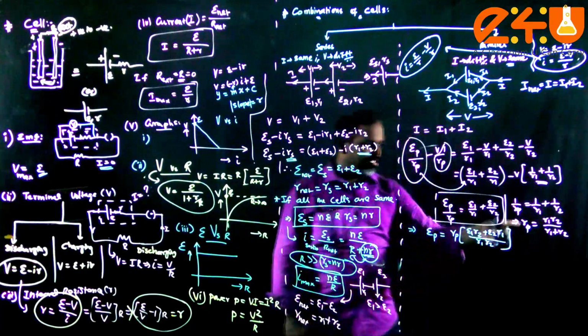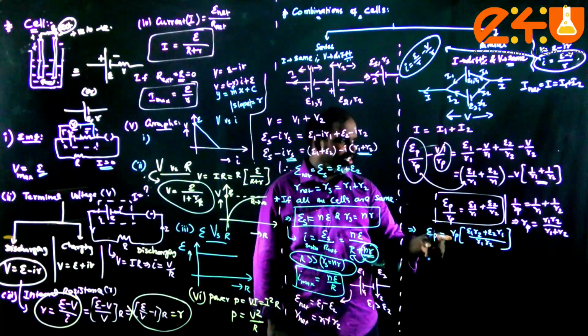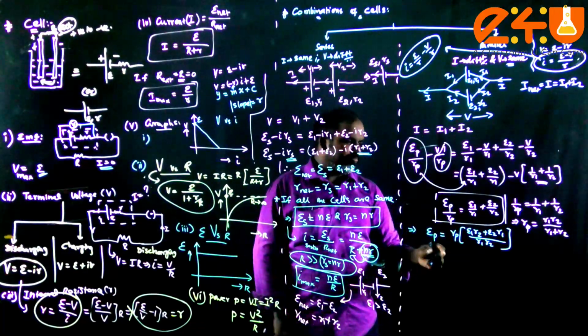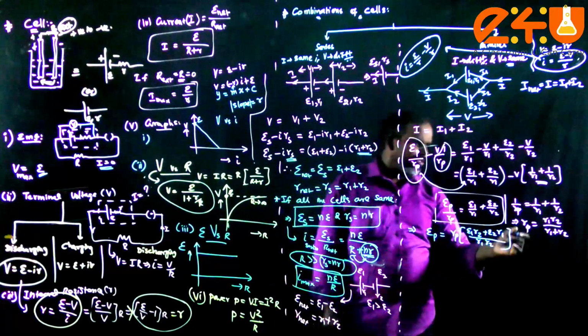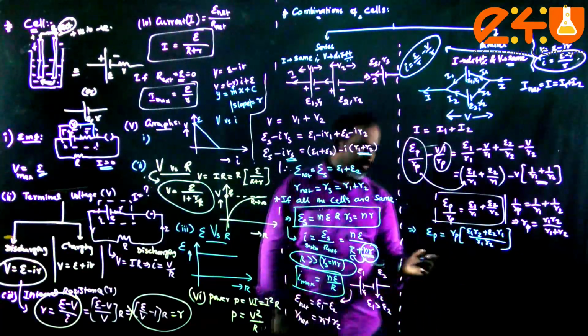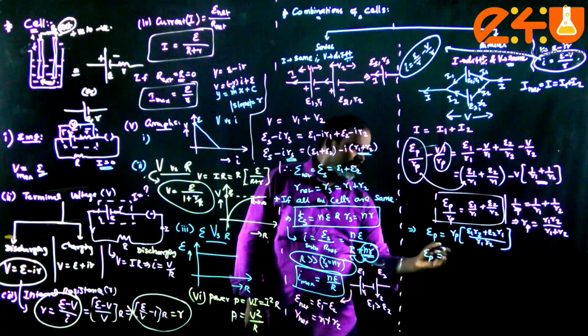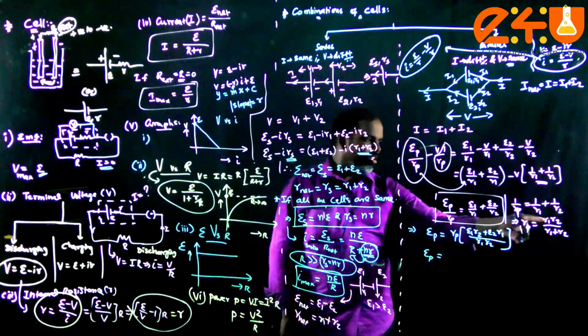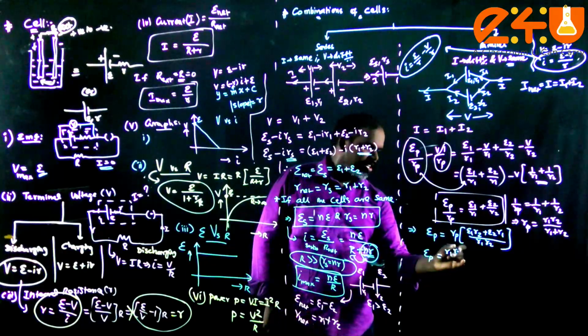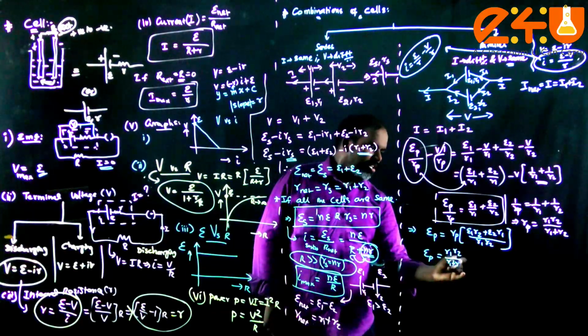You just take this RP and substitute over there. So we get EP is equal to, RP is nothing but R1 R2, so this R1 R2 and this R1 R2, for your better understanding.